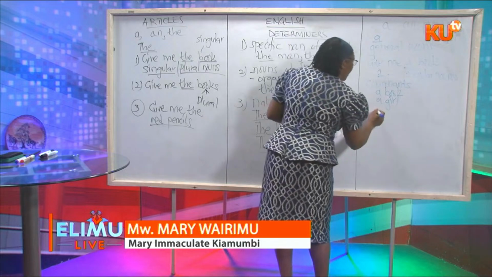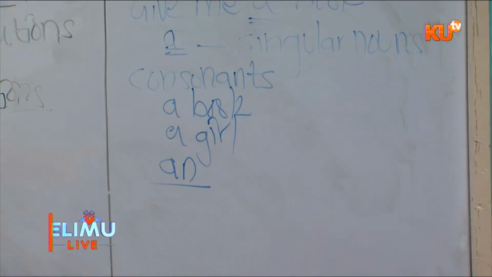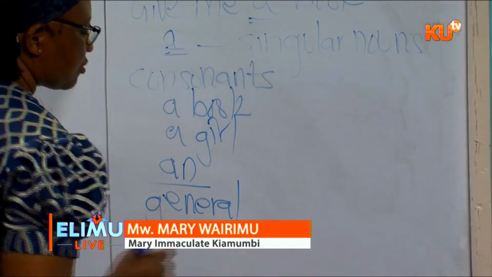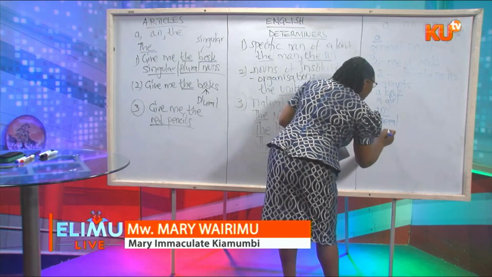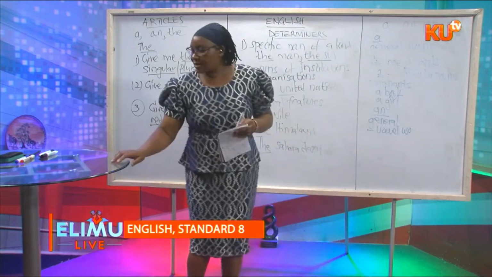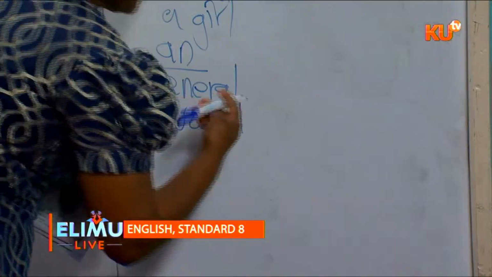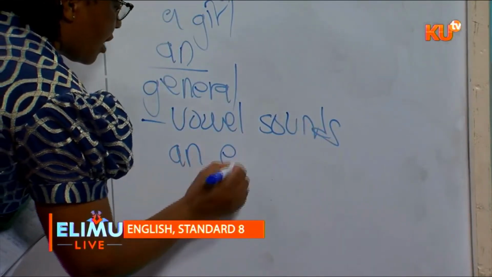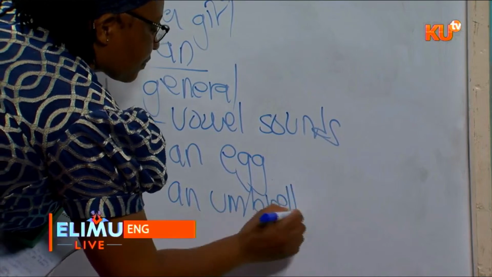Then we move to an. An is another article which is used with general nouns. It is general, not specific like the article the. And it's used with words that start with vowel sounds, like an egg, an umbrella.